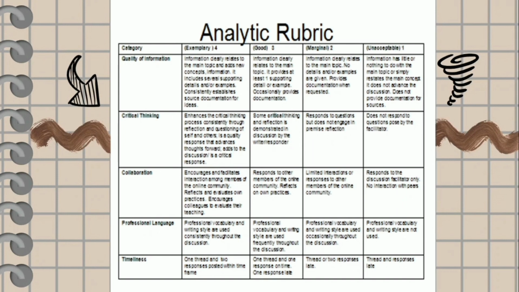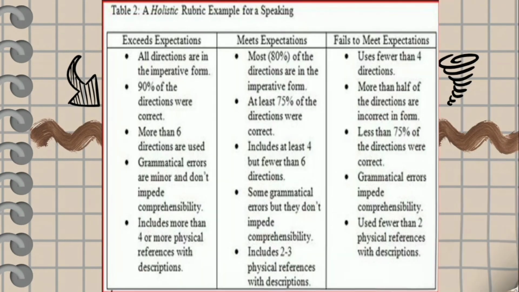While kani exemplary, good, marginal, etc. na belong ni siya sa assessment criteria. So two-dimensional jud ang analytic rubric. So ang holistic rubric is a single criteria raman siya, and makita nato sa table nga ang nakabutang is exceeds expectations, meet expectations, og fails to meet expectations. So meaning ana, sa ang table is one-dimensional ra siya.